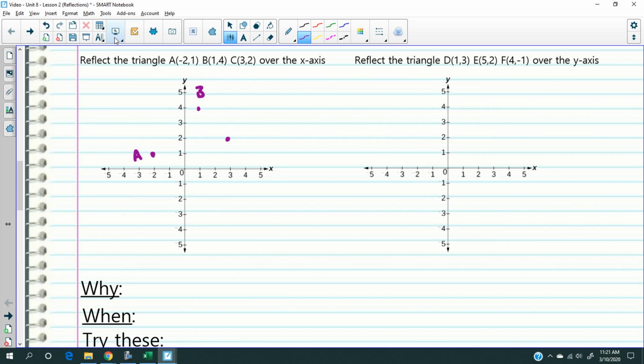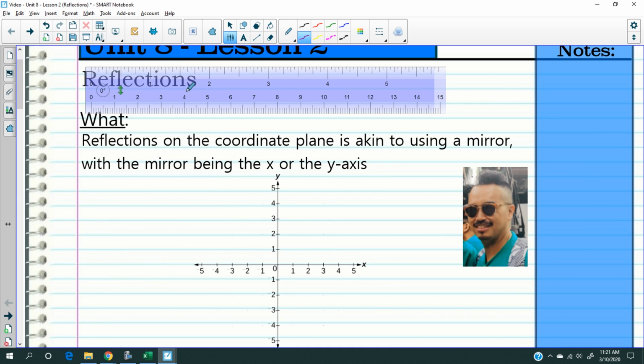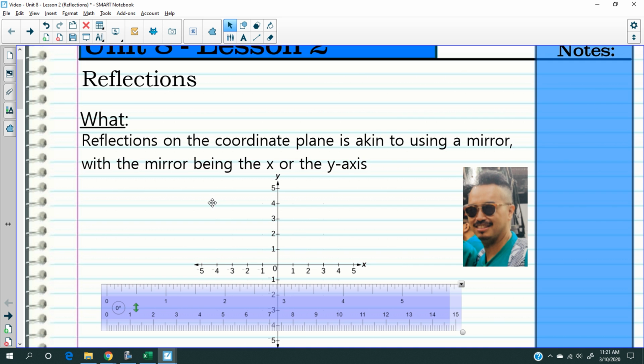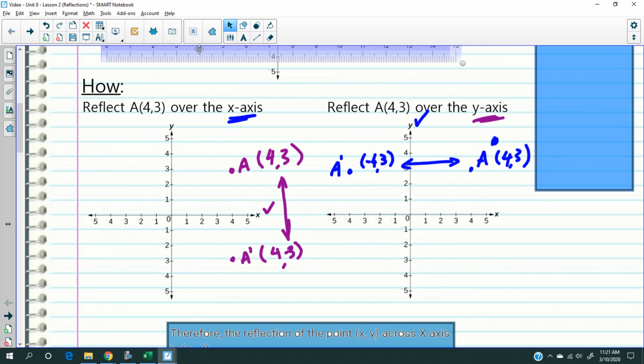Now I'm going to try to be professional and use a ruler if I can find it. Where's the ruler? It's up there, isn't it? Yep. Let me bring the ruler down. If you have a ruler at home, use a ruler.